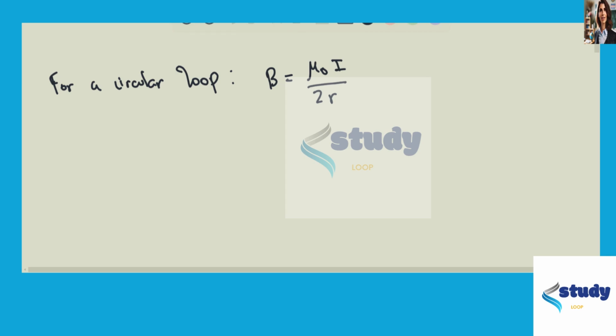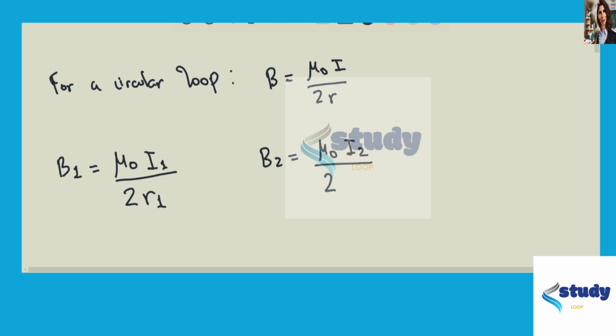So for wire 1, we will have this: a constant times the current over the radius of that loop. On the other hand, for loop 2 we have something similar, but changing the values of the current and the radius.